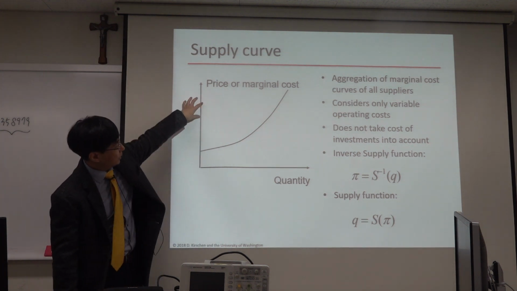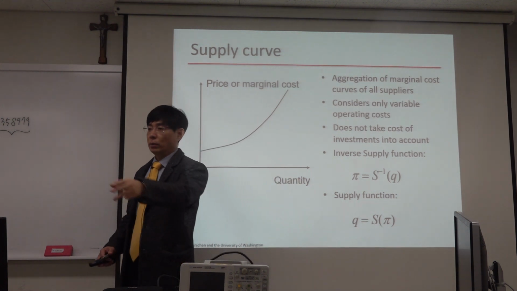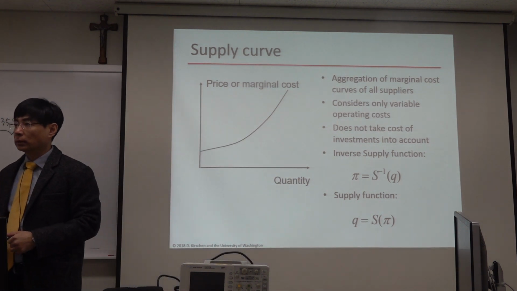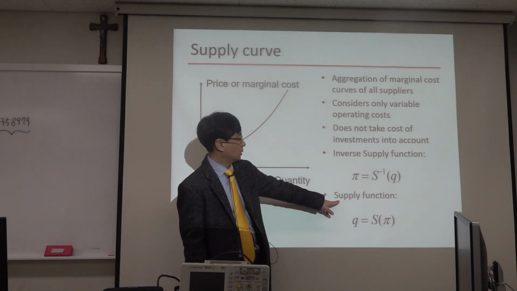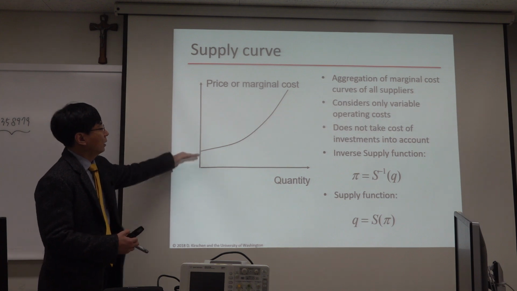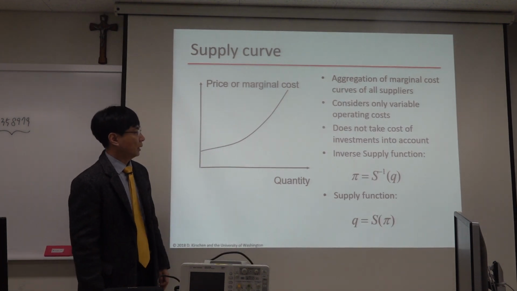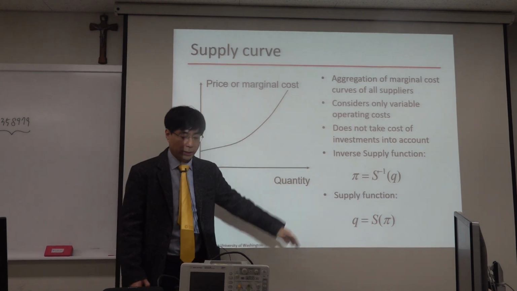So pi is here and Q is here, so this is a supply function. There was a typo in your slide, so this is correct. This is the supply function and this is the inverse supply function. And this shape is the inverse supply function. So pi here and Q here.